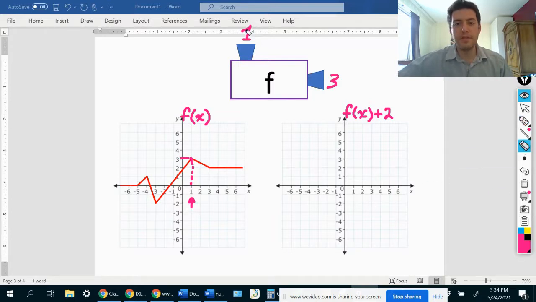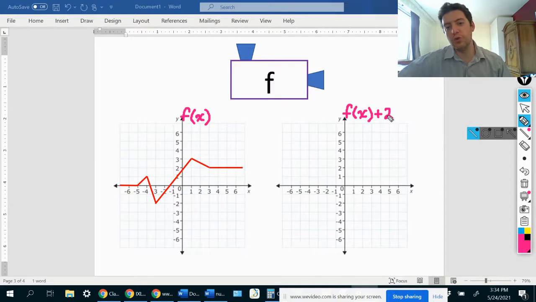But what happens if we take a number from the x-axis and then put it into the function machine, and then we add 2 to the result of whatever the function machine gives us? Well, it's actually not too hard to see what's going to happen.